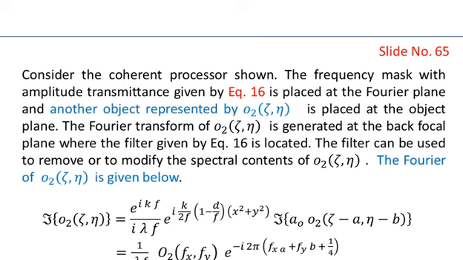The Fourier transform was constructed with the object O, but now we are placing another object O2 at the zeta and eta plane. The Fourier transform of O2 is generated at the back focal plane where the filter given by equation number 16 is located. The filter can be used to remove or modify the spectral contents of O2. The Fourier transform of O2 is given below.